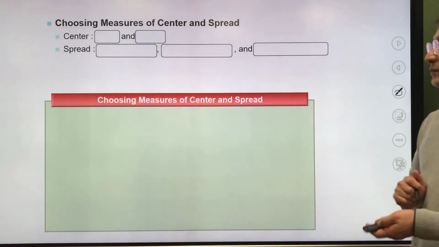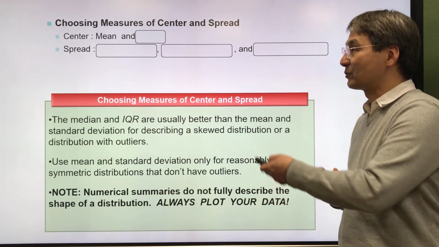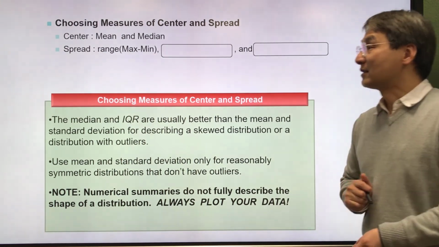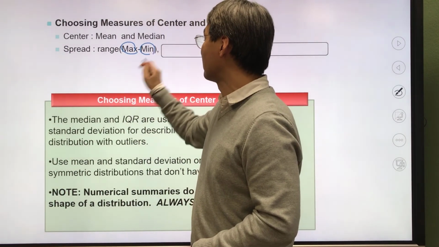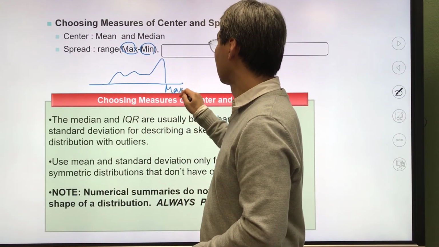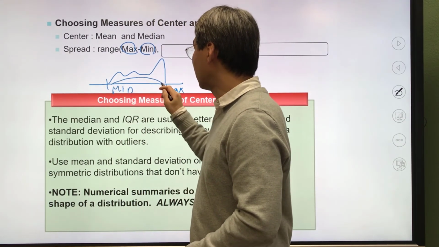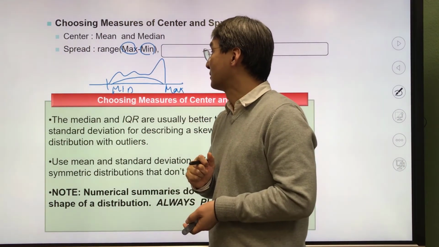So this is kind of a summary. In order to describe the center of a distribution, we use mean and median. And spread is the maximum data point minus the minimum data point. This is the max, and this is the min. Then the spread is telling us how wide this distribution is.